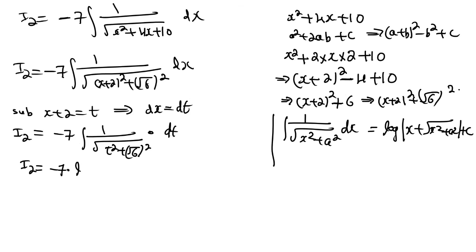So minus 7 into log of mod t plus square root of t square plus a square, where root 6 square is 6, plus integration constant c2.